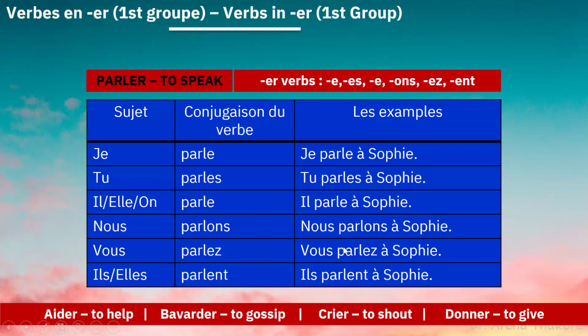Only these two will have different pronunciation. Nous parlons à Sophie, vous parlez à Sophie. Ez is like A. Let me read them once again. Je parle à Sophie, tu parles à Sophie, il parle à Sophie, elle parle à Sophie, on parle à Sophie.